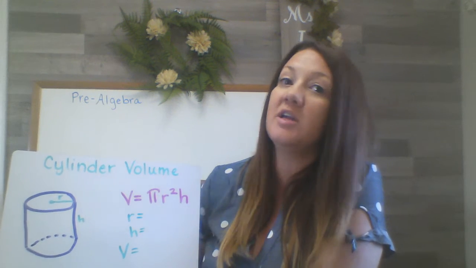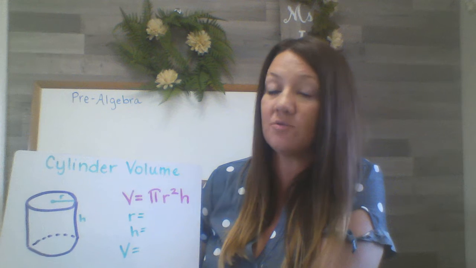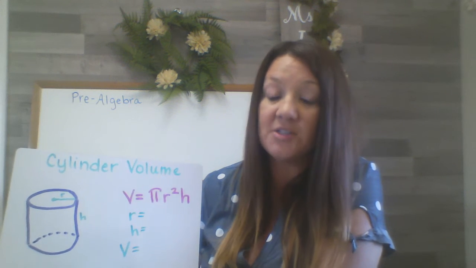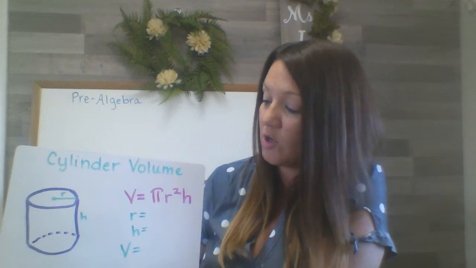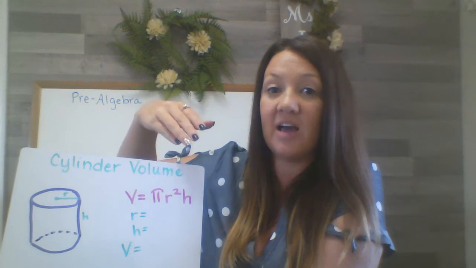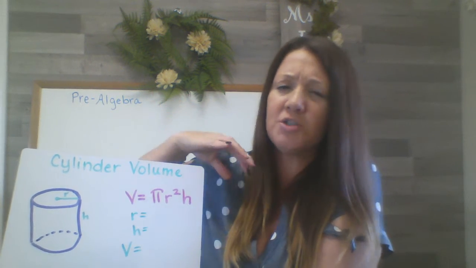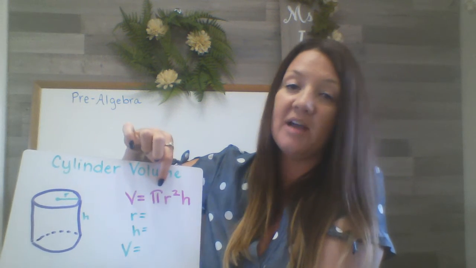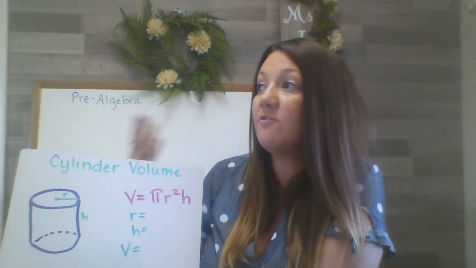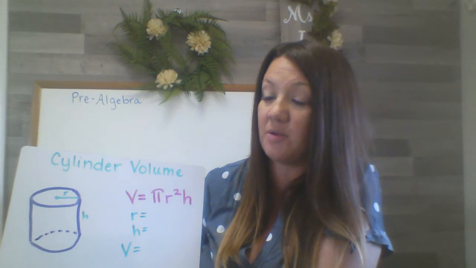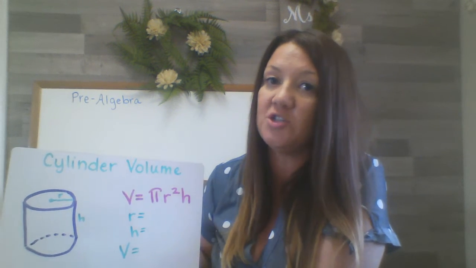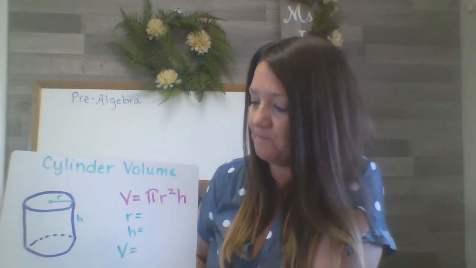When you put it into your calculator, you get a long decimal that doesn't repeat, and we round that to 3.14 when we round it to the nearest hundredth place. So if you do not have a good calculator at home, just know that you will always multiply by 3.14.